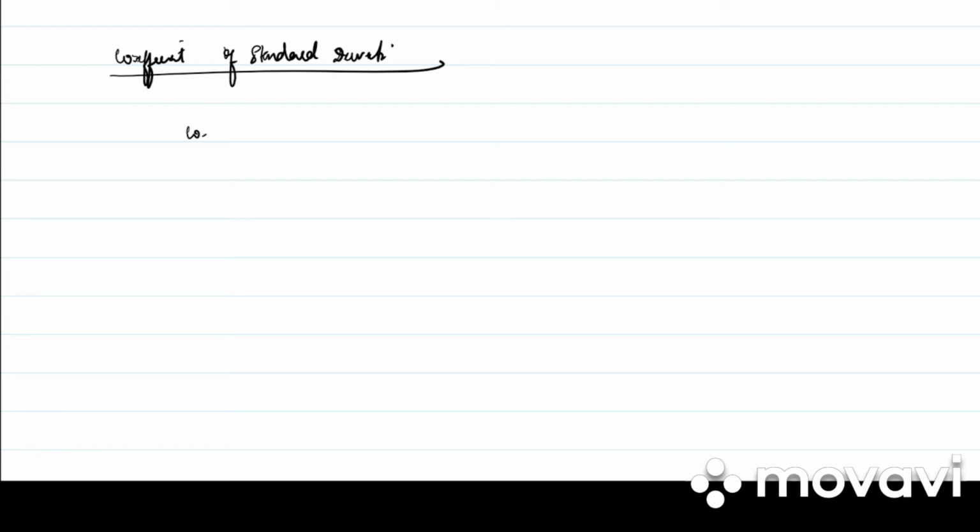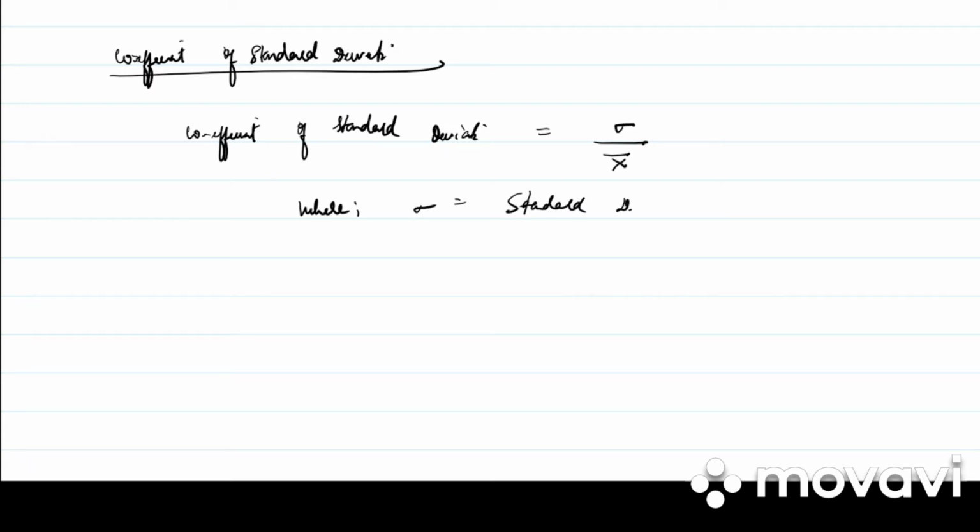So what is the formula? It is coefficient of standard deviation is equal to sigma divided by x bar, where sigma is standard deviation and x bar is mean.